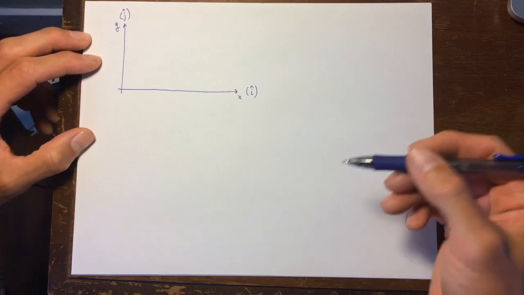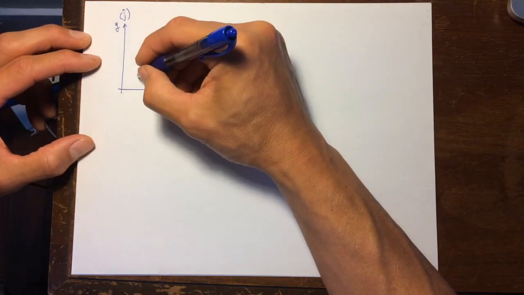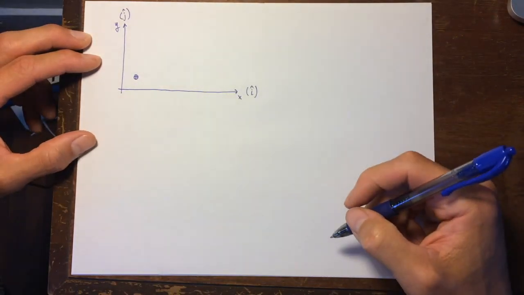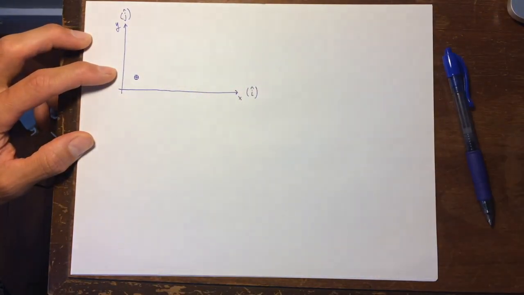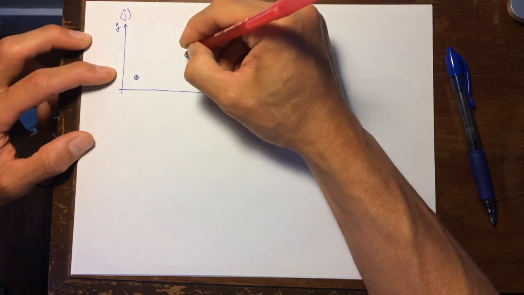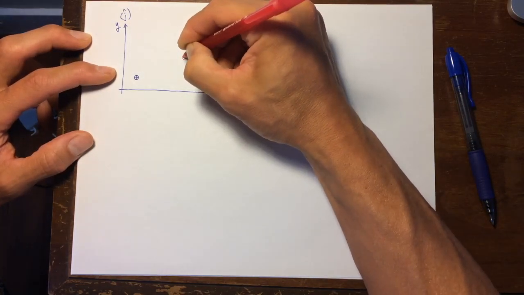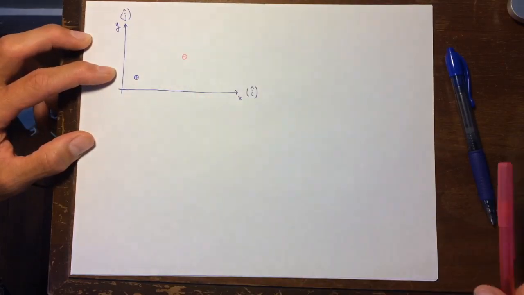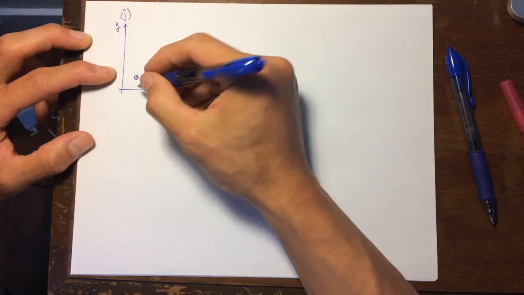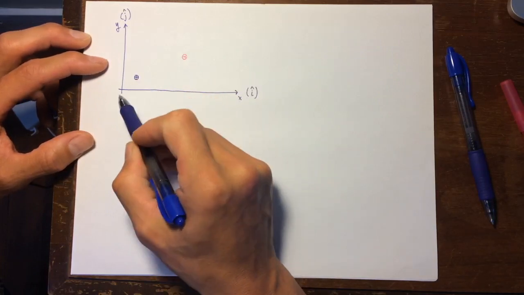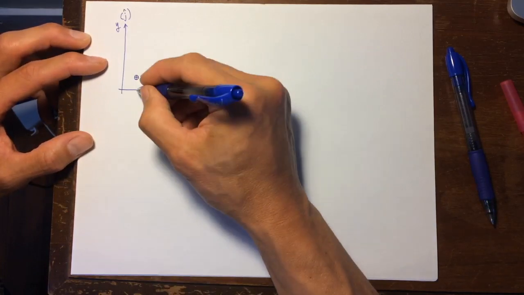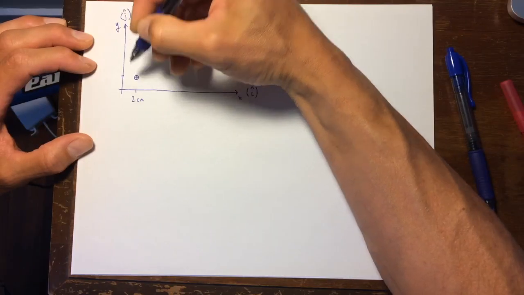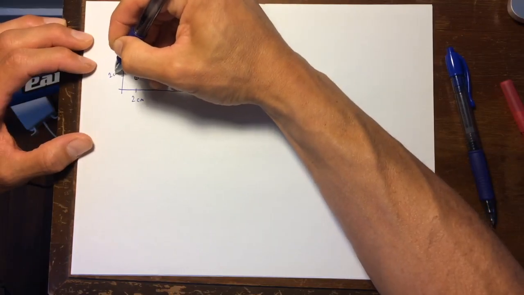All right, and then for fun, I'm going to put the little positive charge here and the little negative charge over here. And you remember that they are 5 centimeters apart. You notice that the positive charge is not at the origin. Maybe I'll put this positive charge at 2 centimeters in the y.